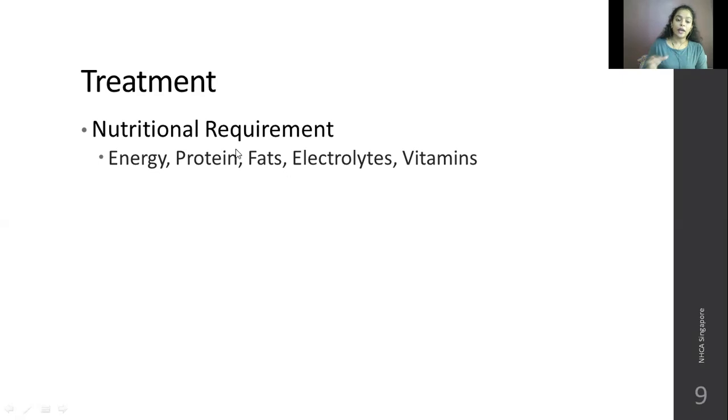The entire calories you get after the calculation have to be divided into frequent small meals, 5 to 6 meals throughout the day. For protein, 5 grams of protein per kg body weight of the child should be the formula.